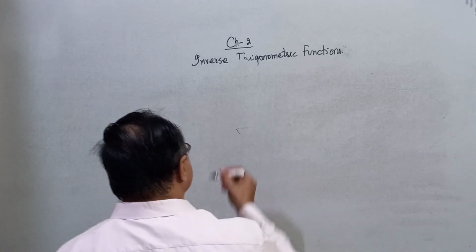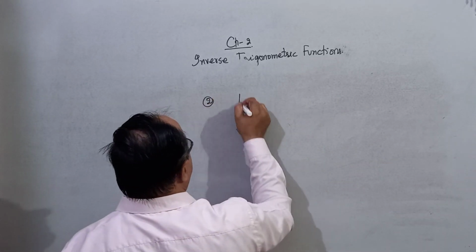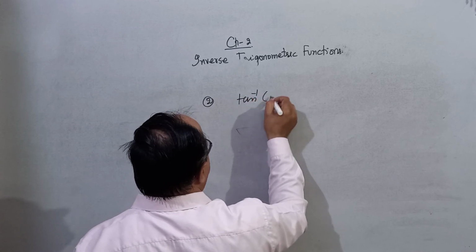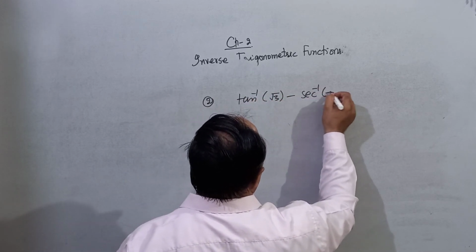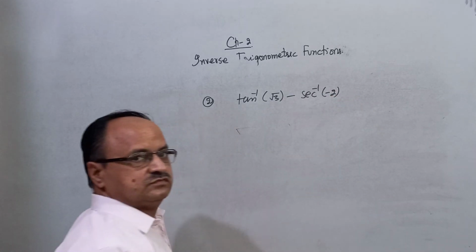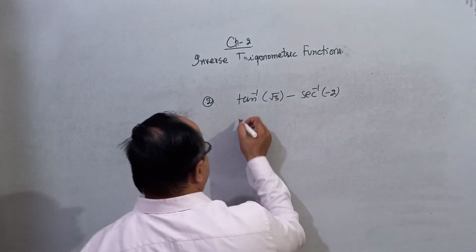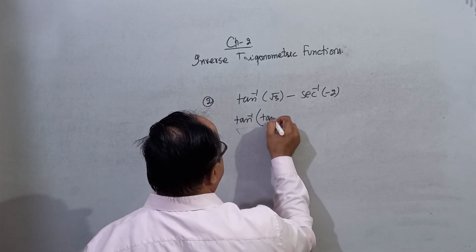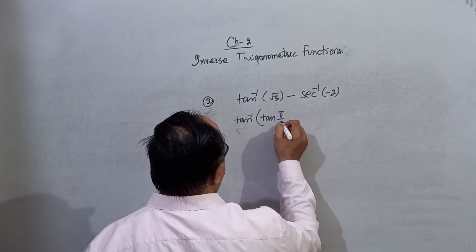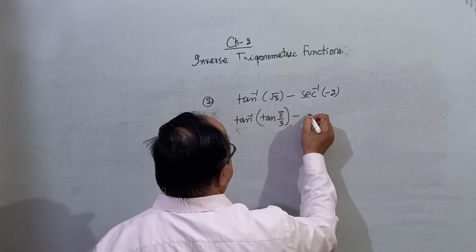Now, can you solve the second question? Tan inverse root 3 minus sec inverse minus 2. Try to solve this question. In place of root 3 you can write tan pi by 3, tan 60.